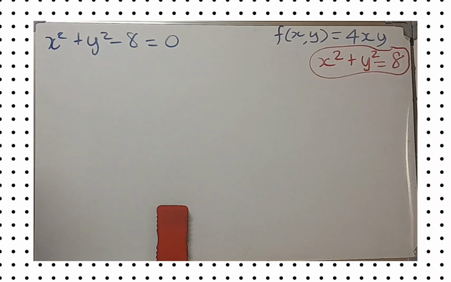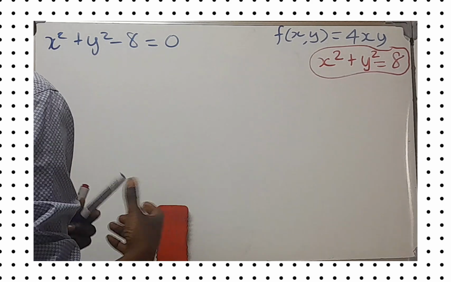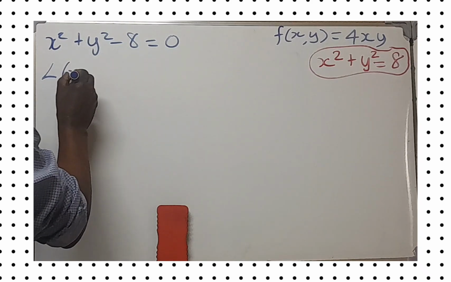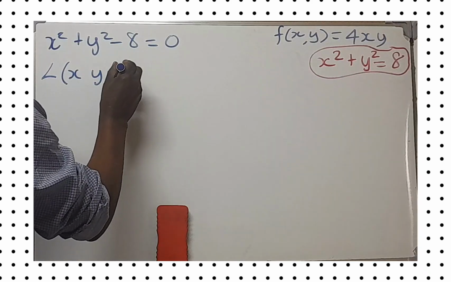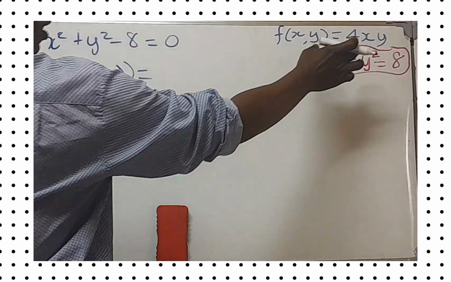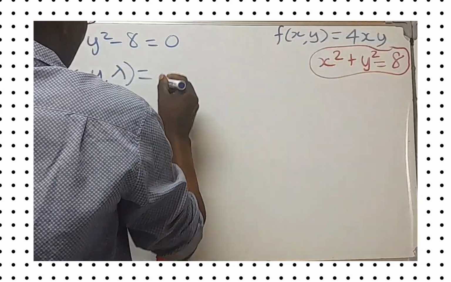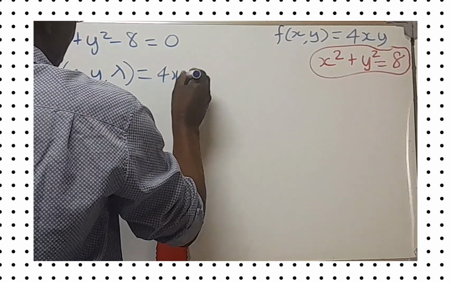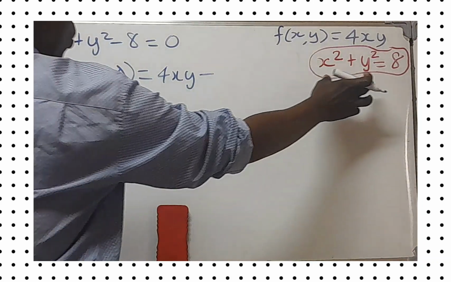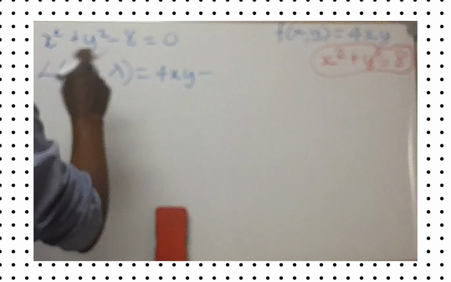The next step is to set up the Lagrangian. It's a function which we are going to call L, and it's of this form: L, which is a function of x, y, lambda, is equal to, we take our function f(x, y) here, so we have 4xy, and we subtract from it the constraint multiplied by lambda.